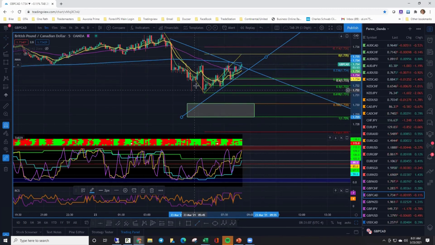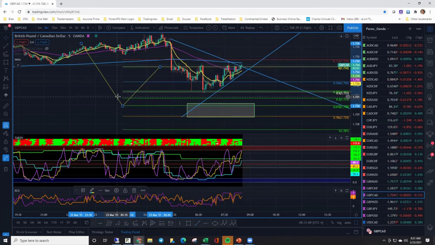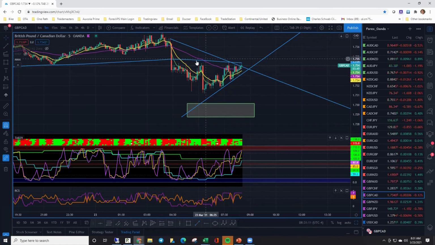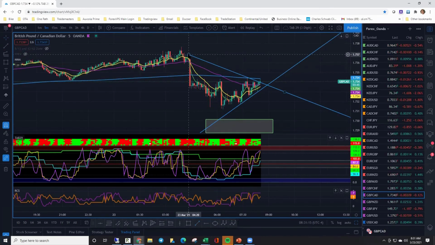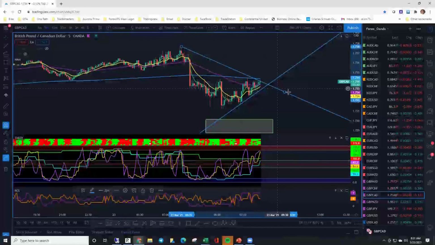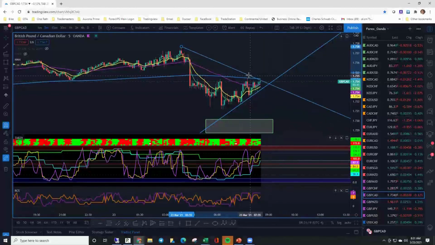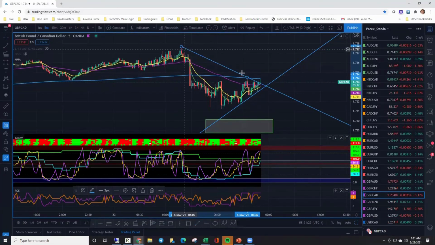This would be the area I'd be looking at for a target. I'll get rid of this just to clean it up a little bit. So here's your trend. Here's an upper hit. Here's a hit. Here's a high, lower high.